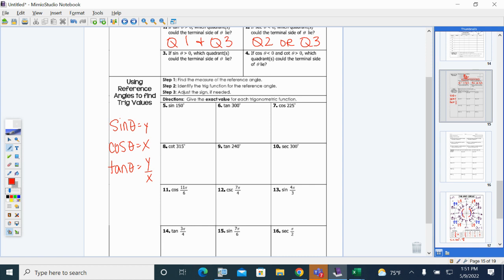So looking at question number 5, it asks me to find the sine of 150. I'm going to show you a couple of different things here. So if you have your unit circle drawn out, which we just did, it is as simple as finding the 150. Let me jump to this screen.